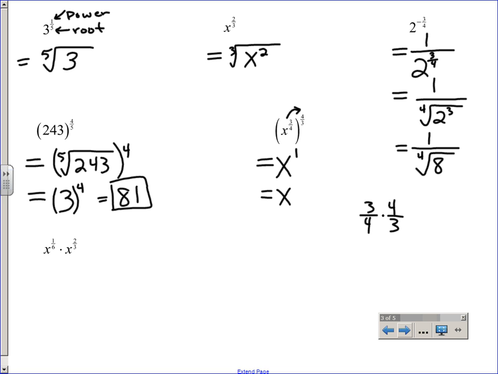Now here's the one that I expect a lot of missed answers on because there were a lot missed on the quiz. Again, don't do the arithmetic in your head if you don't know how to deal with fractions. We are multiplying here with exponents, which means we need to add the exponents.